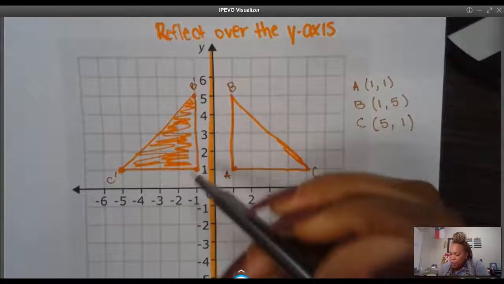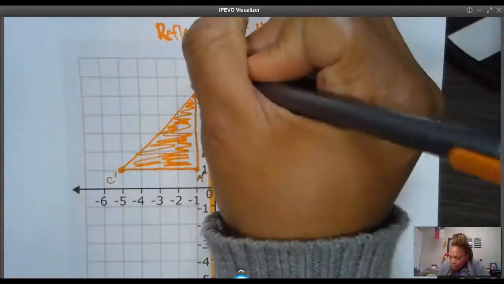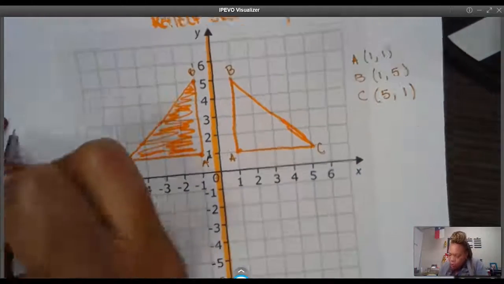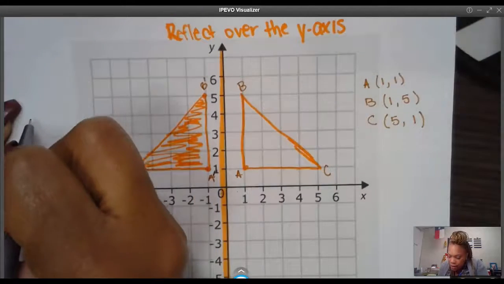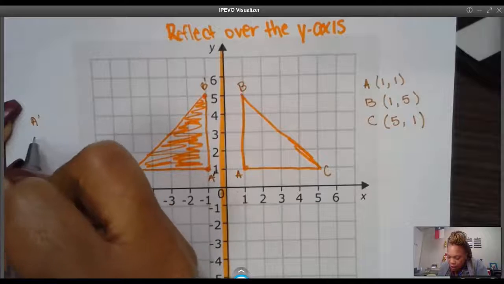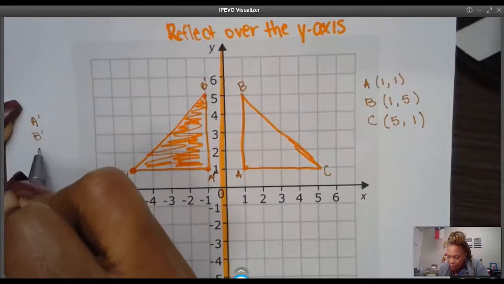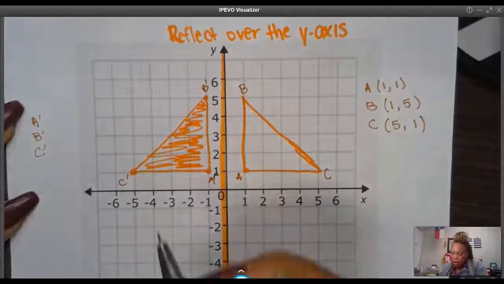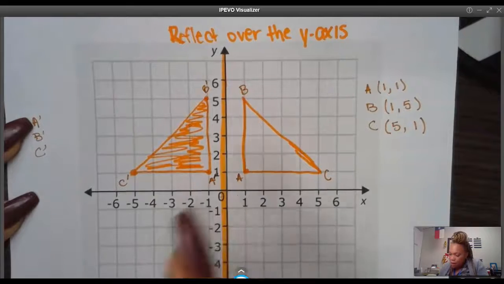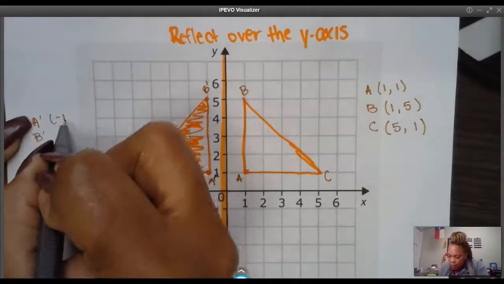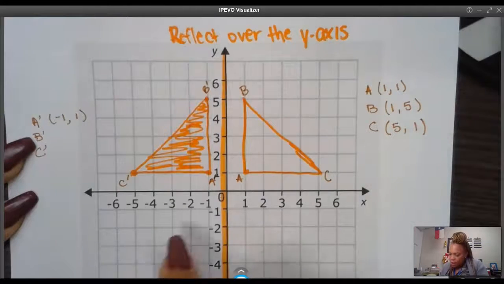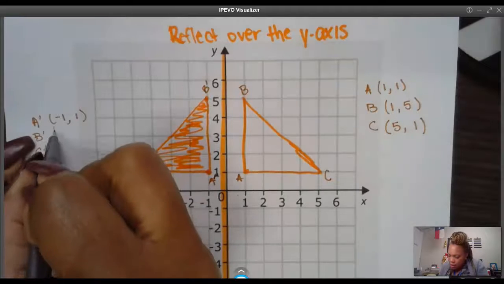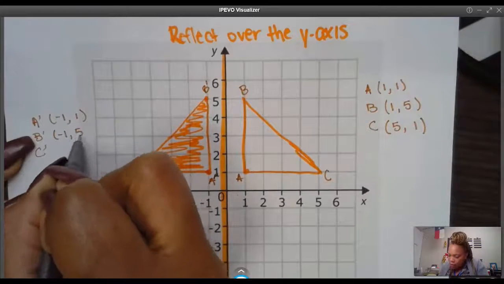Okay, now if we look at the points of A prime, B prime, and C prime, we're going to record them here, and we will discuss them a little later. But here's A prime, B prime, C prime, right? And A prime is at -1, 1. And B prime is at -1, 5.